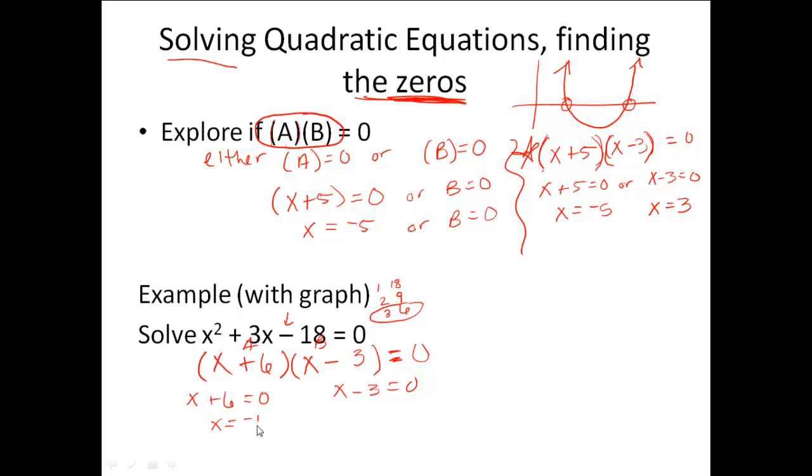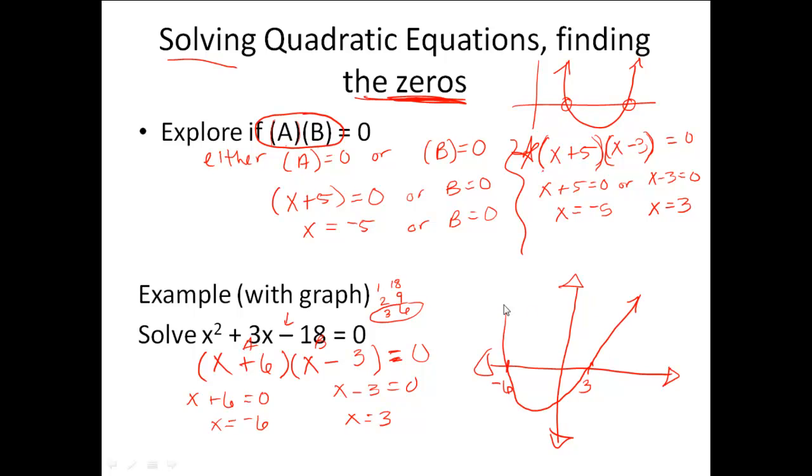So I get x equals -6, and I get x equals 3. Well, now when I look at the graph of this, what that means is that my graph is going to cross down here at -6 and right up here at 3. And it's going to come through like that.